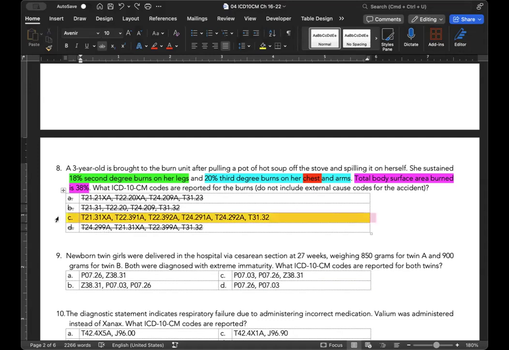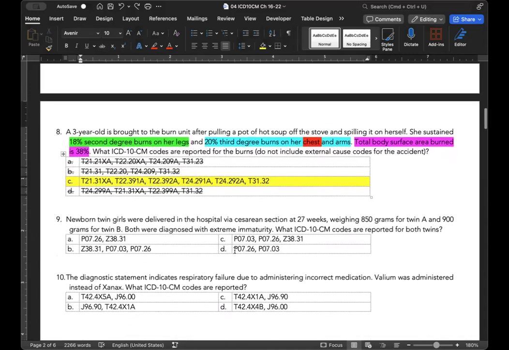But in this scenario, we can rule out two without even opening our book. Just know that that fourth character is always going to match your degrees. So just keep that trick in mind. Okay.